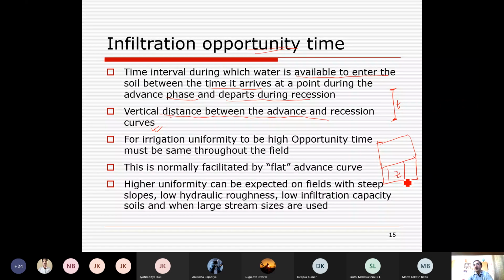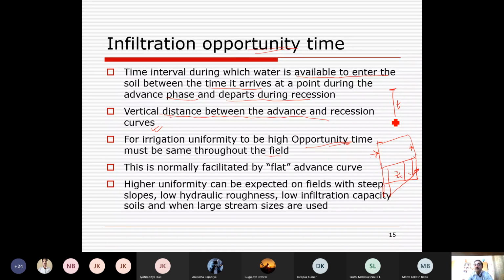It should not be that near the supply point it goes up to this, and at the end point there is less water, less than the required depth. So for irrigation uniformity to be high, the opportunity time must be the same throughout the field.